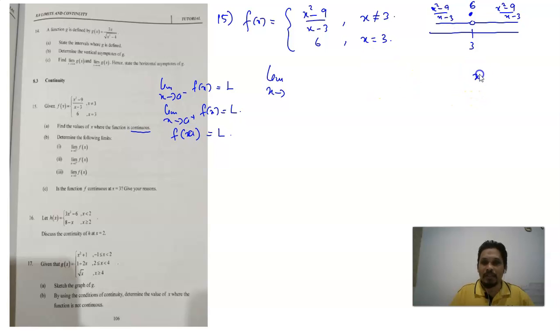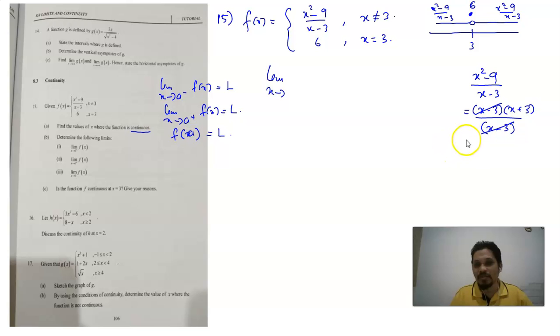By the way, (x squared minus 9) divided by (x minus 3) equals (x minus 3)(x plus 3) divided by (x minus 3). So actually we're talking about the function x plus 3. We can simplify this as x plus 3.